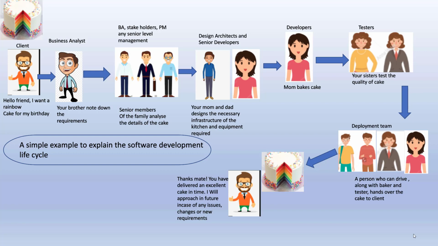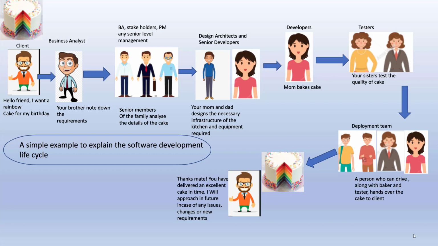So will we directly go and hand over that cake to the user? No. While we are given a set of requirements, usually the user will also set an expectation, like maybe in a week's time or a couple of weeks' time or a month's time, I'm expecting this cake to be delivered to so and so venue.